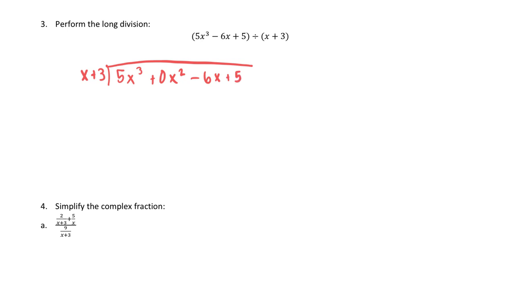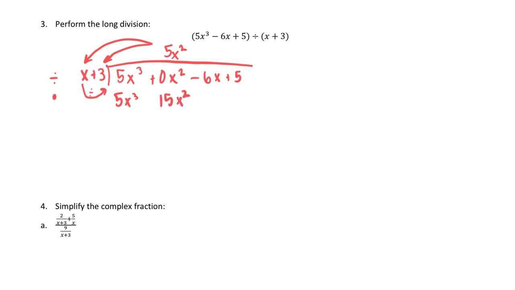Okay, now we're going to just start with this x. We're going to do division. How many times does x go into 5x cubed? Well, that would be 5x squared. So first step, always divide. Then we multiply. So we're going to take that 5x squared and multiply each thing. That gives me 5x cubed and 15x squared.